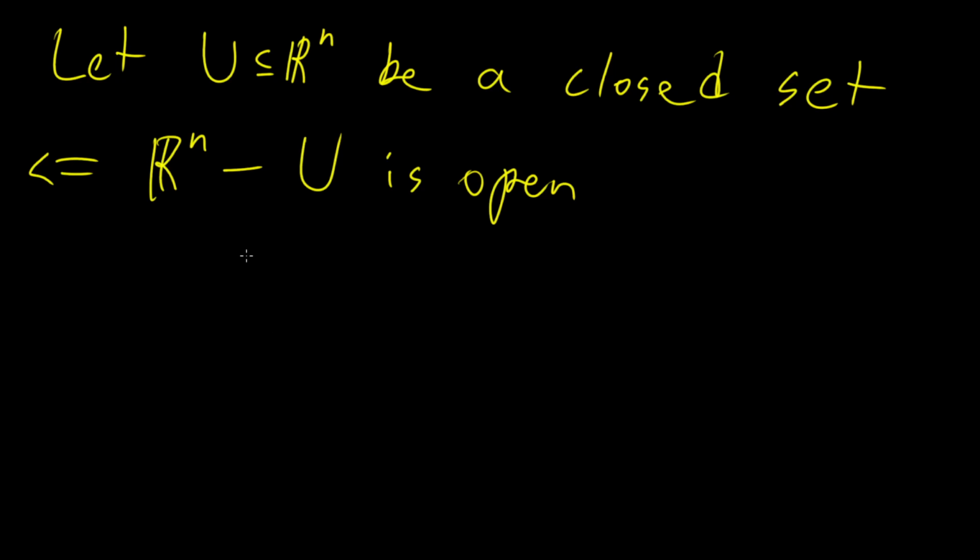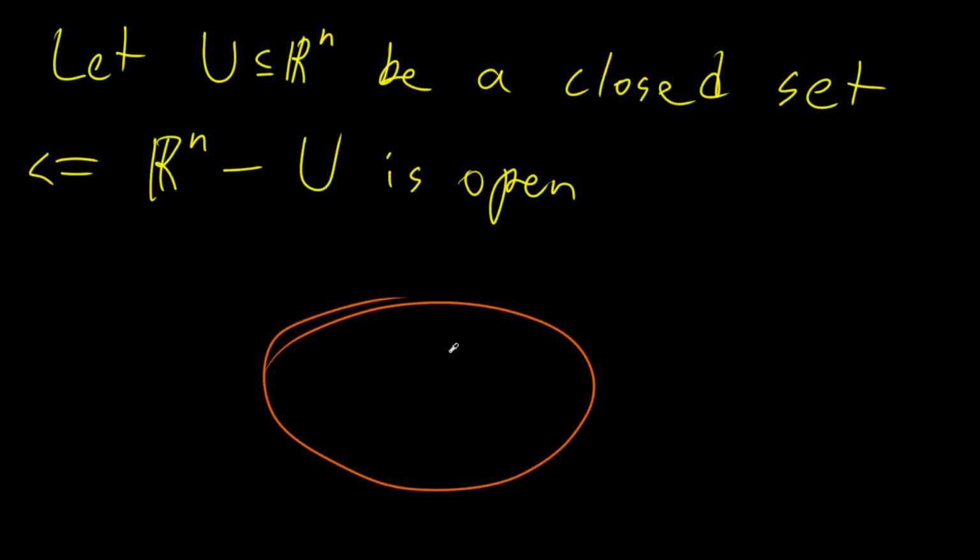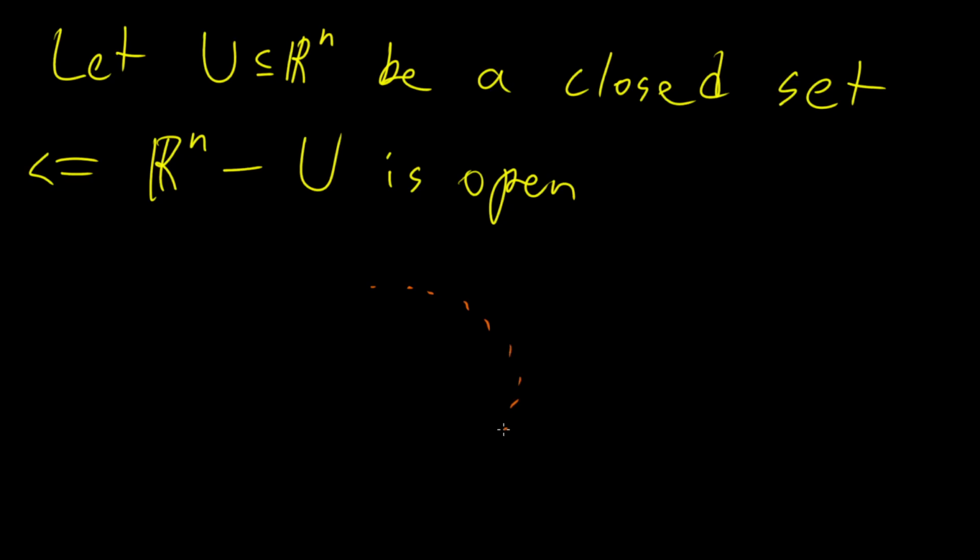Meaning, let's say you have an open set. This is your open set. I guess with dotted lines instead, because it doesn't own its boundary.